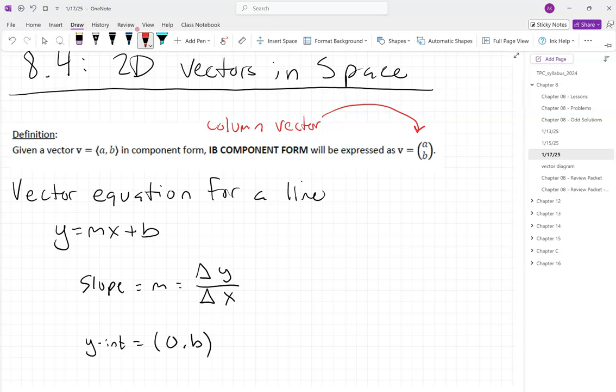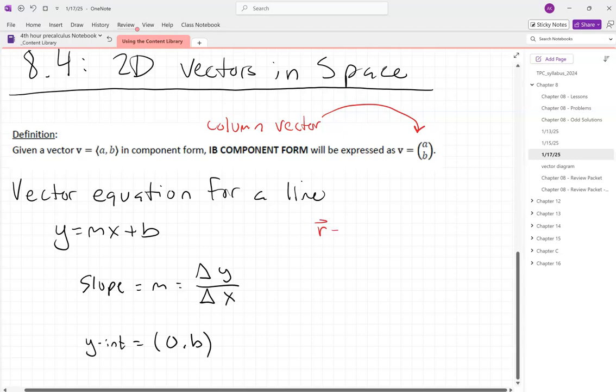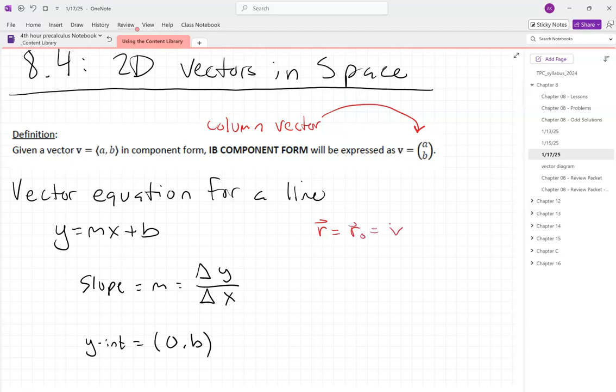Our vector equation for a line is going to be vector r is equal to vector r naught plus v times t.